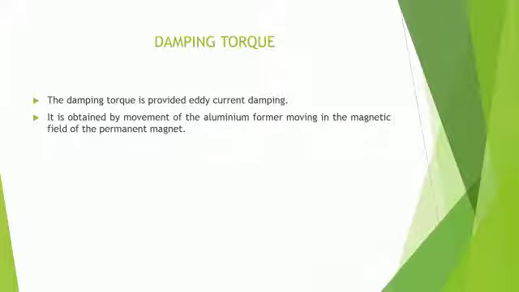To bring the pointer to rest within a short time, a damping system is provided which produces damping forces. So there are three types of torque: deflecting, controlling and damping.